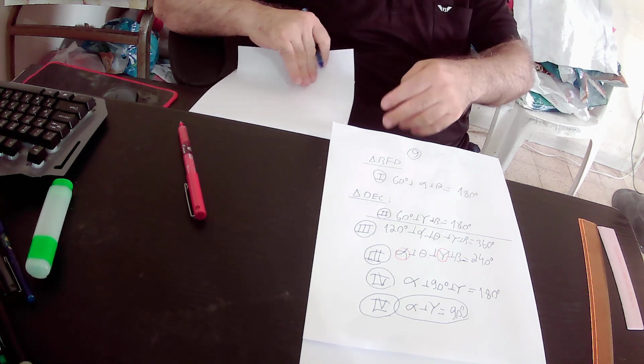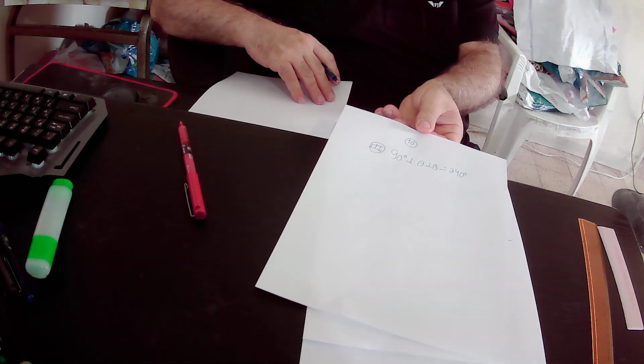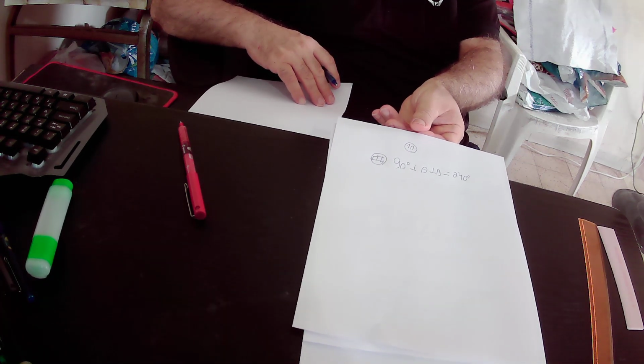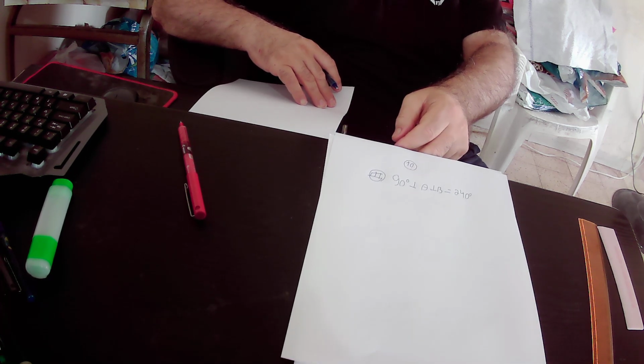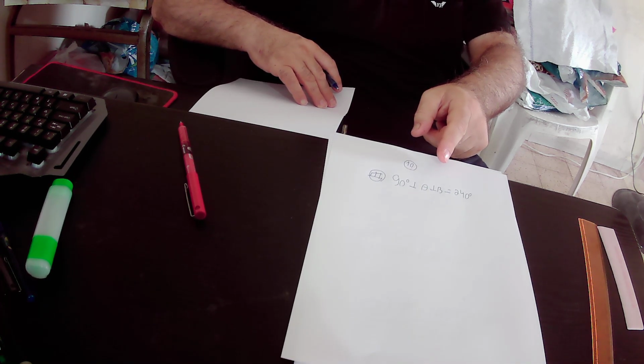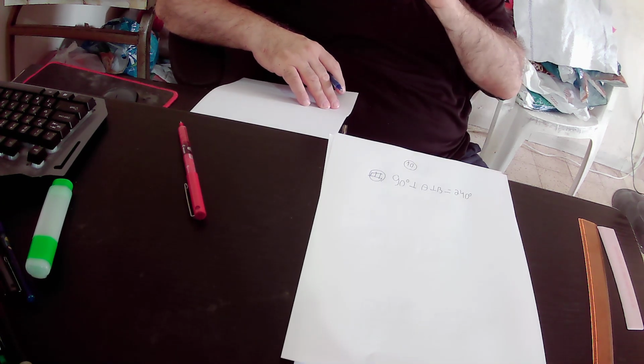Okay, so we got in our third equation 90 degrees plus theta plus beta equals 240 degrees.